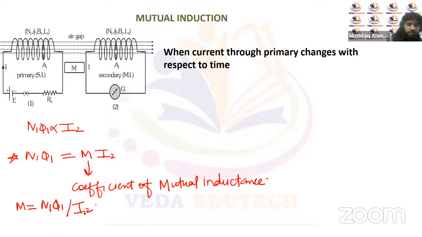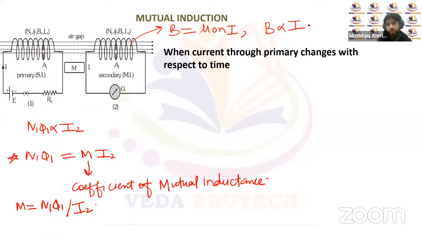So this is the concept of mutual inductance: we can induce EMF in one coil because of some change in the other coil. Let's suppose this is a solenoid. We know the magnetic field of a solenoid is mu naught n I, so it's proportional to the current through it.